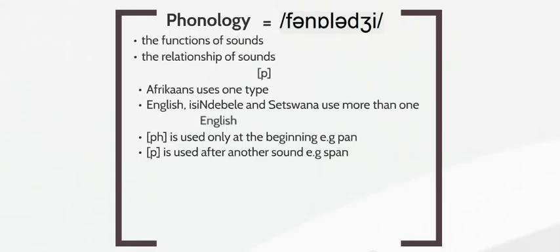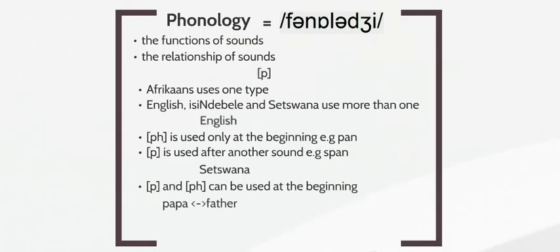If you listen carefully when you pronounce these two words, you can hear that they actually sound different when it comes to the sound P. However, in Setswana, the rules apply differently. Both sounds can be used at the beginning of a word. For example, Papa, which means father, and Papa, which means chop.